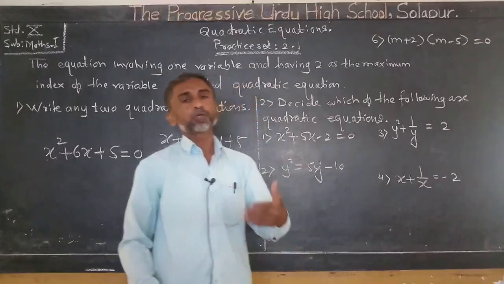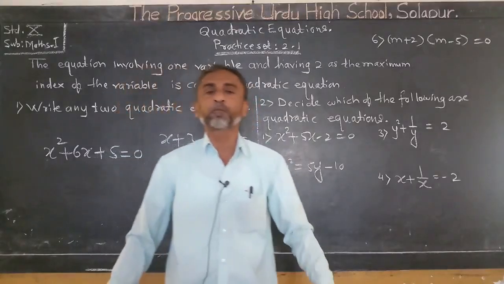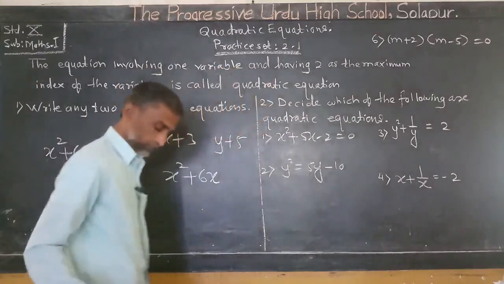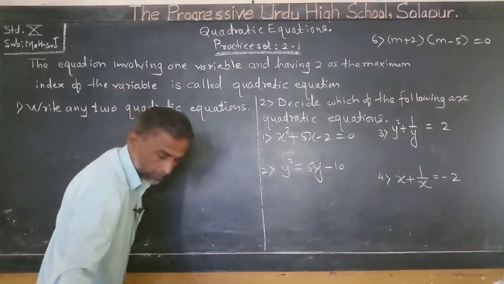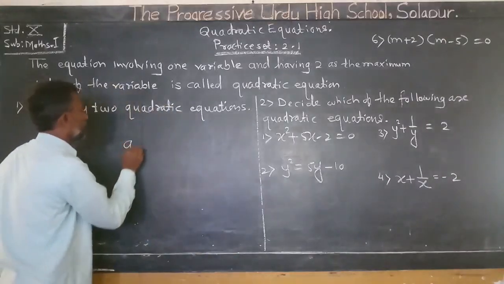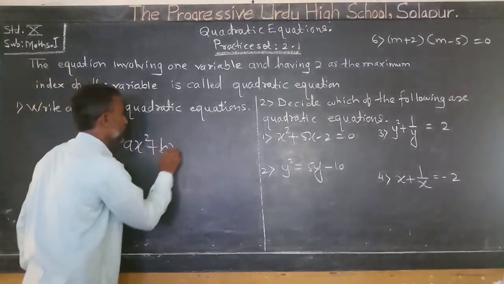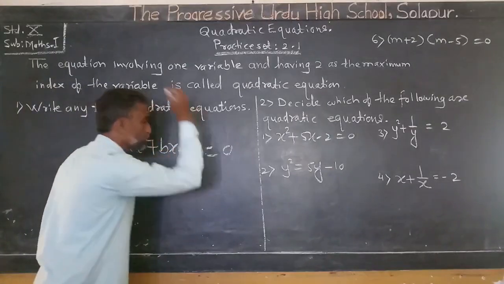Now, we should know the standard form or general form of the quadratic equation. Ax square plus bx plus c is equal to 0.